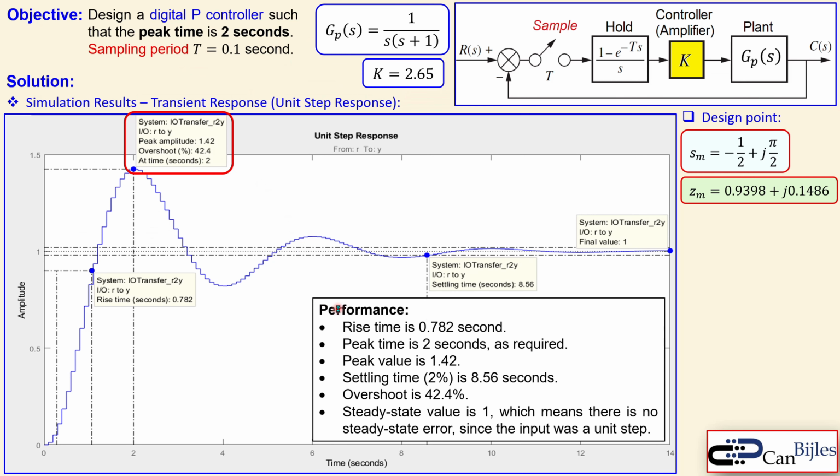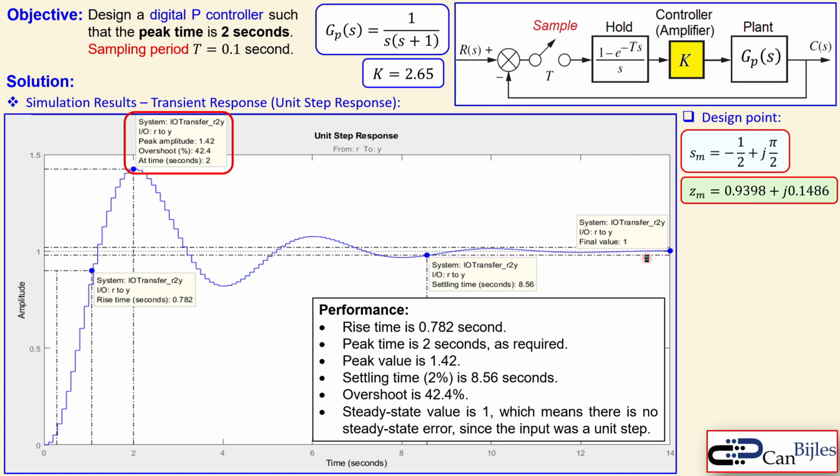Other performance specifications: the rise time is given here, and we have the peak value. We see that the overshoot is quite high, 42%, but that is not a problem because we don't have any specification on the overshoot. Settling time is approximately 8.5 seconds, and the final value is 1.